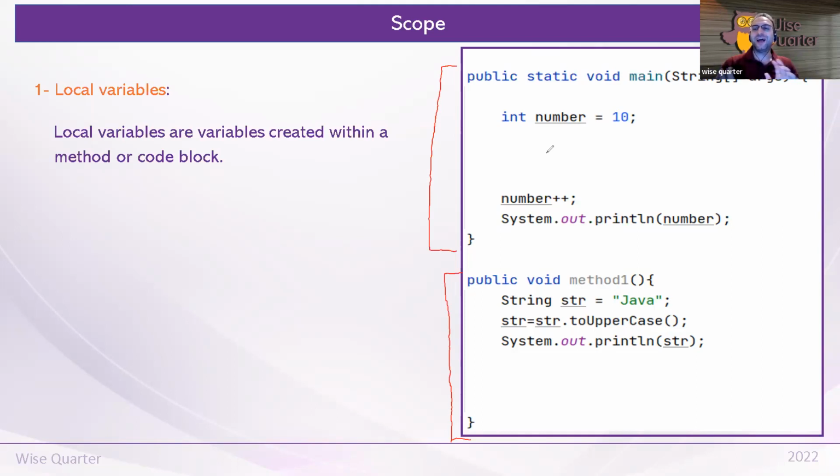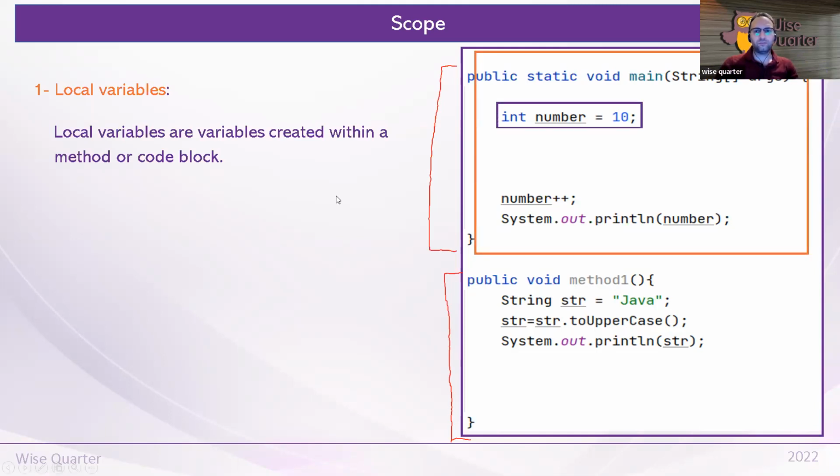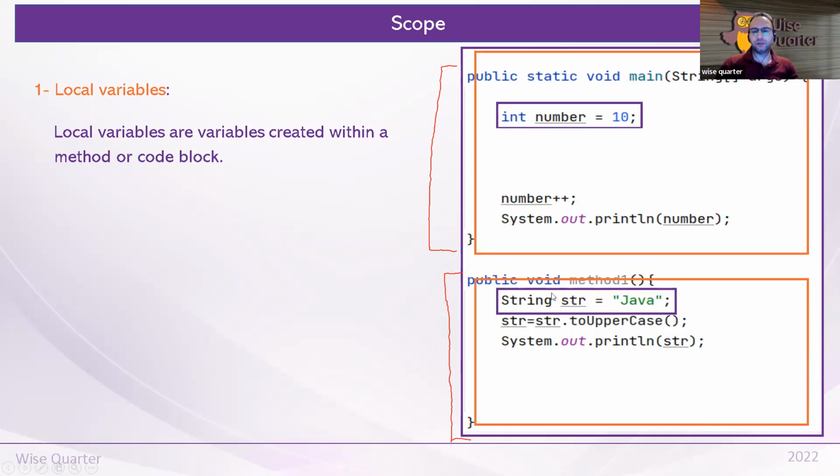They belong to different villages, and we cannot reach. They cannot reach their information. Yes, this is the local variable belongs there. This is another local variable, and it belongs to this method.